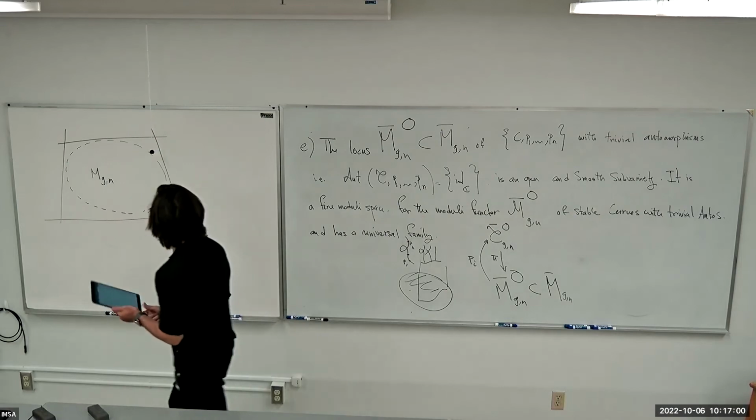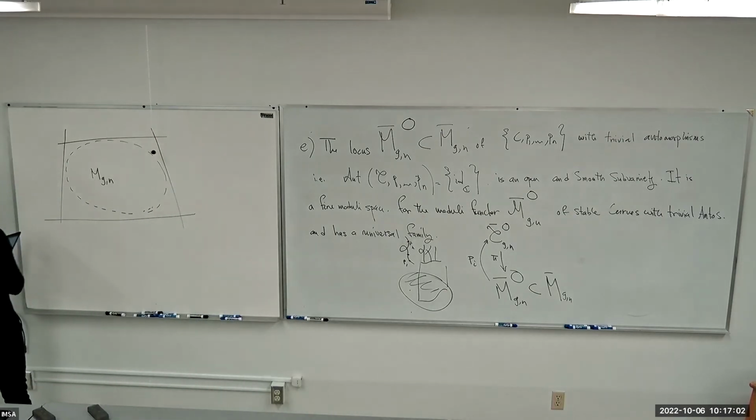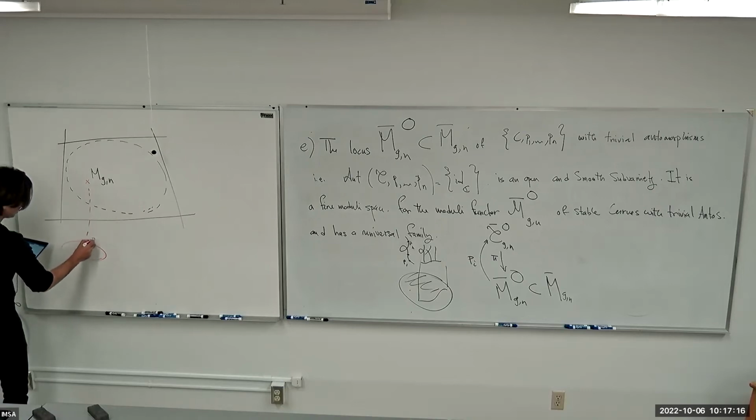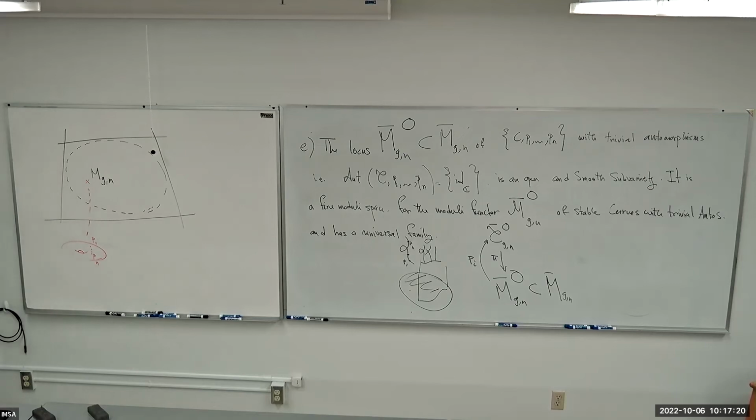If I pick some point in the interior and look at it, maybe if the genus is 1, for instance, I can see n markings on a curve like that. And then I can pick something in this boundary of my moduli space.